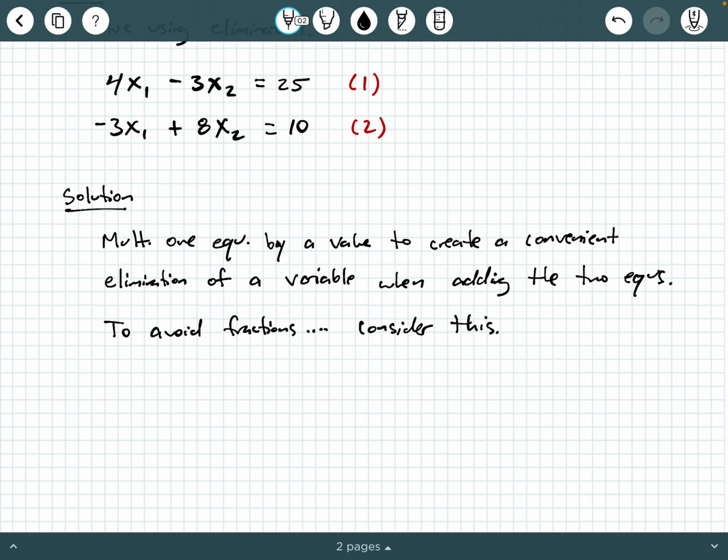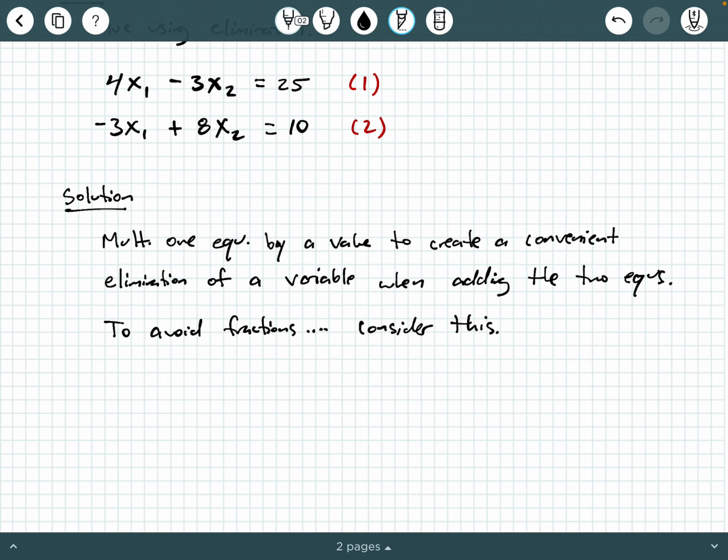Watch what I'm going to do here. I'm going to multiply equation 1 by a constant, by a value, okay? And then I'm going to multiply equation 2 by another value such that we can add them together and wipe out one of the variables. Watch how I do it.